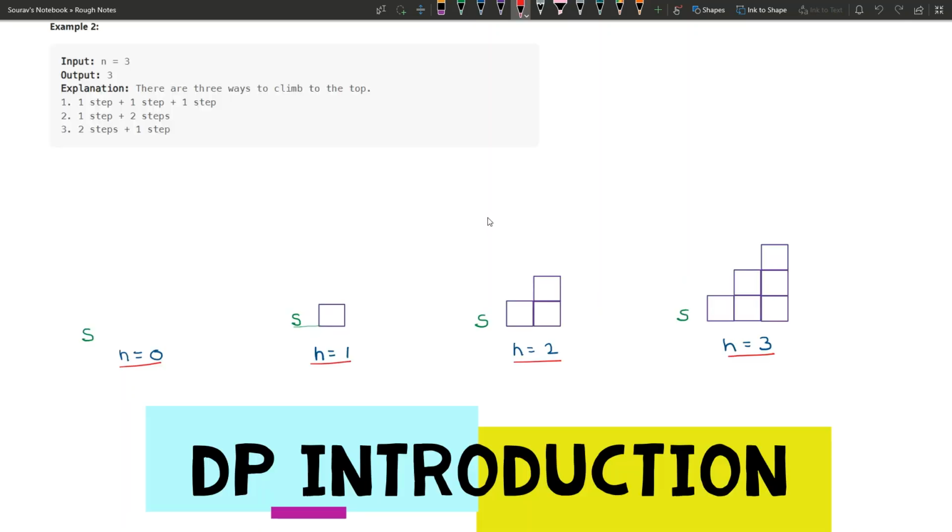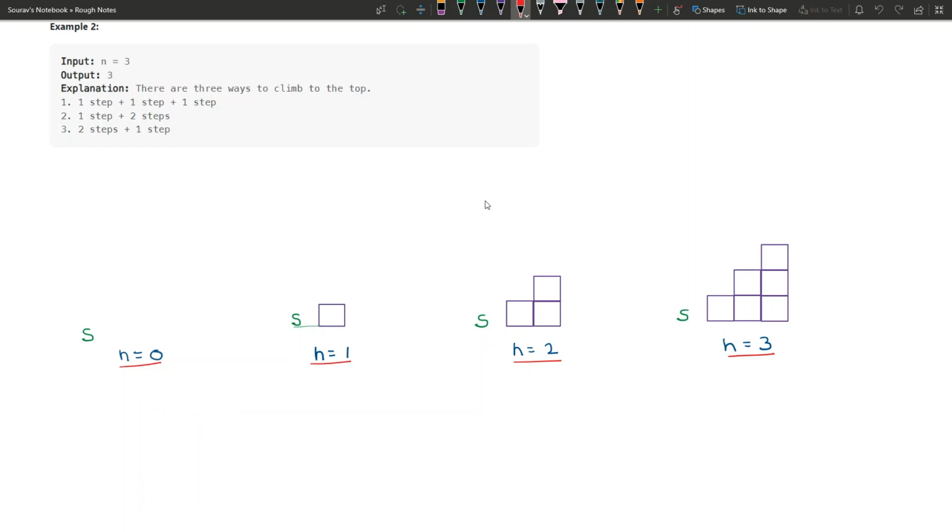Okay, now let's try to solve this problem using dynamic programming. Don't worry if you are unaware of what dynamic programming is, because by the end of this video, you'll have a basic understanding of it. To solve any dynamic programming question, what we usually do is break the problem into subproblems. Let's say a very complicated problem is given.